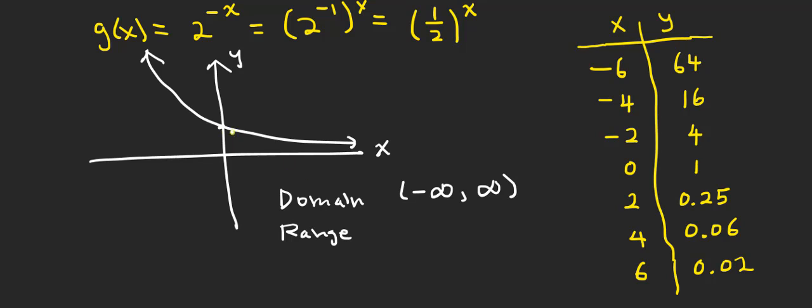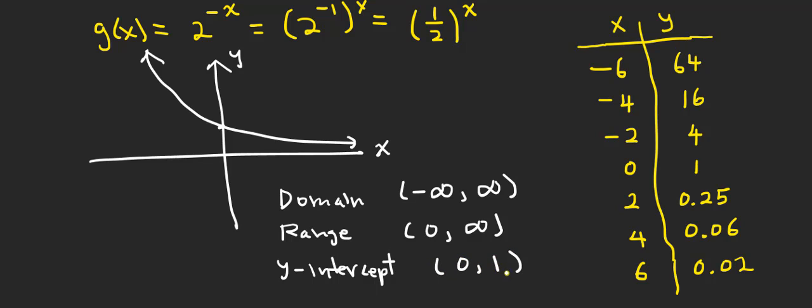The y value only exists whenever it's greater than 0 to infinity. And the y-intercept is 0, 1. And again, this function is decreasing all the time from left to right.